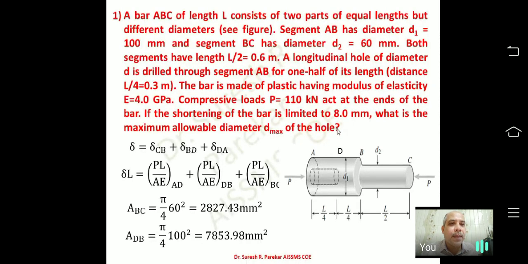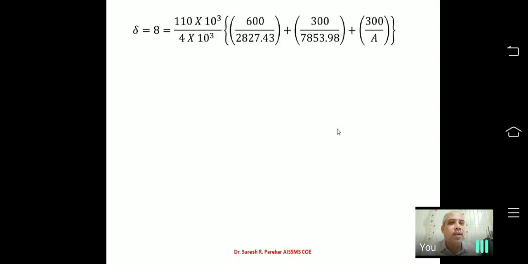That you can see, that is CB and BD. So the second term and third term, we know this value. Unknown is only PL upon AE suffix AD. We are interested to find out D max. So you can see over here, we have substituted values for the second and third term. L we have 600, for the first term of the right side, plus 300, which is the second portion.